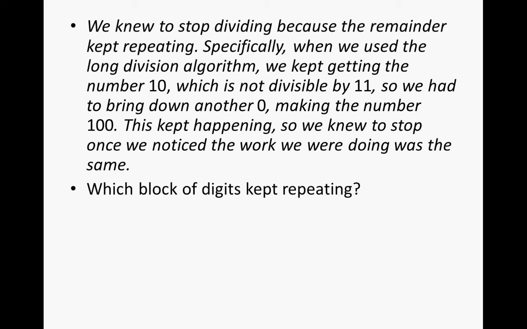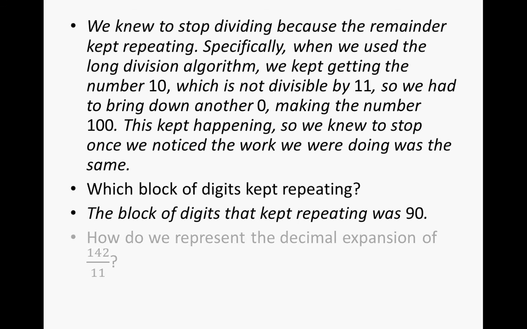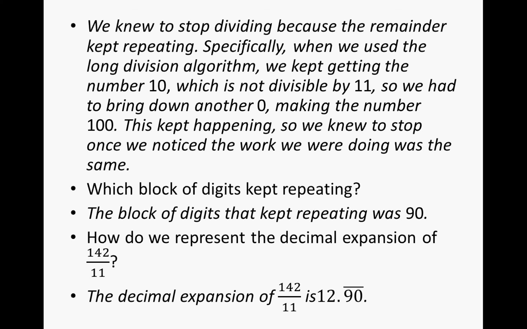So which block of digits kept repeating? The block of digits that kept repeating was 90. So how do we represent the decimal expansion of 142/11? Well, the decimal expansion of 142/11 is 12.90 with the 90 repeating.